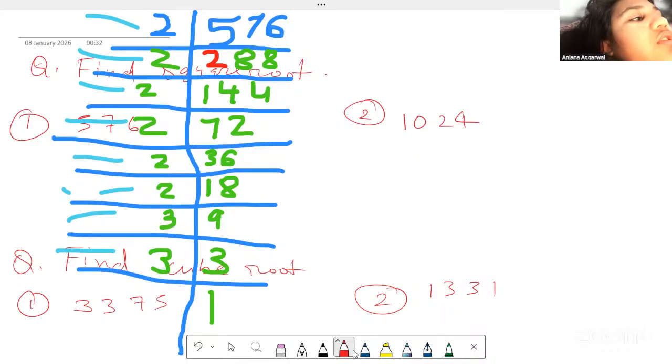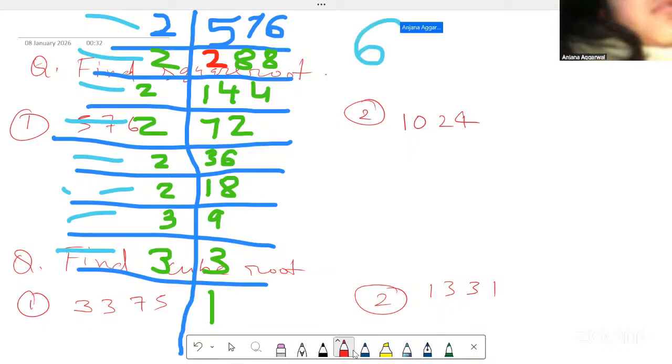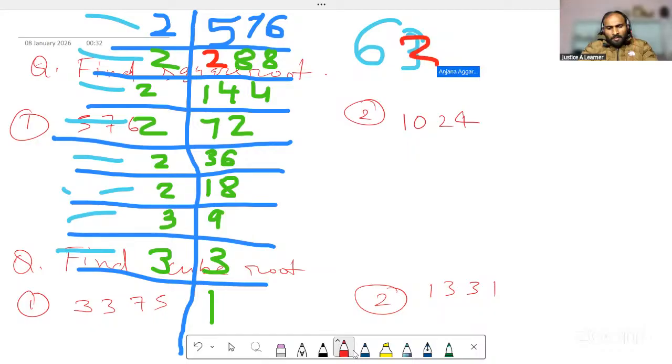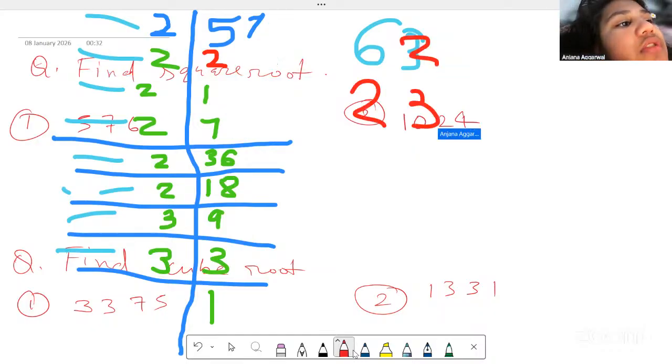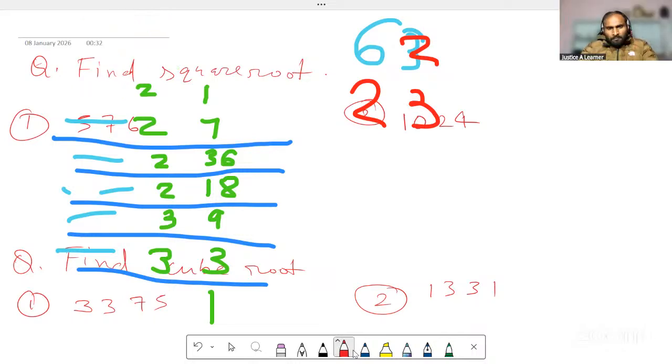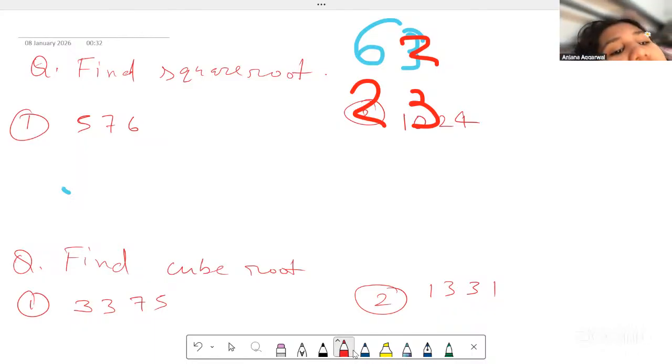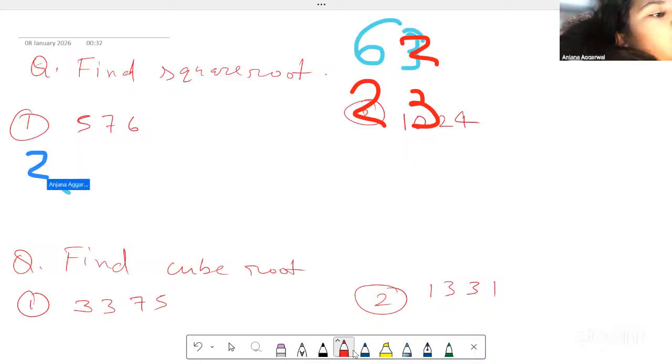So I've got 1, 2, 3, 4, 5, 6. 6, 3. No. 6, 2, 2, 3. There we go. So you found that square, that is 63, 23. No, I'm not done yet.